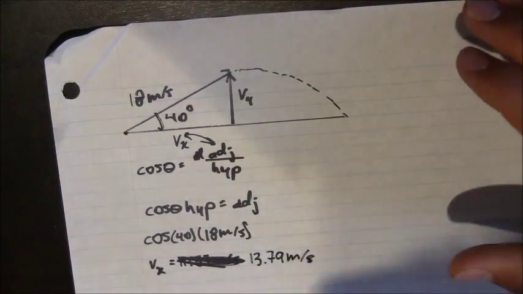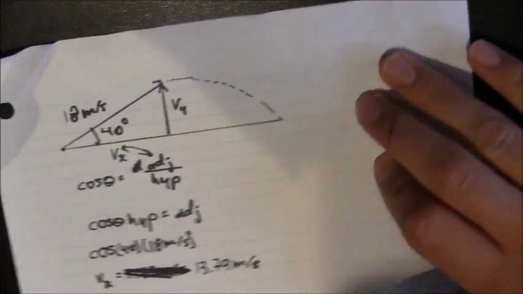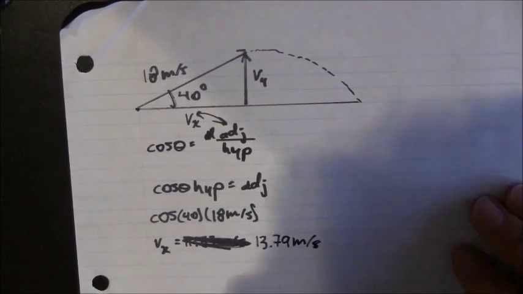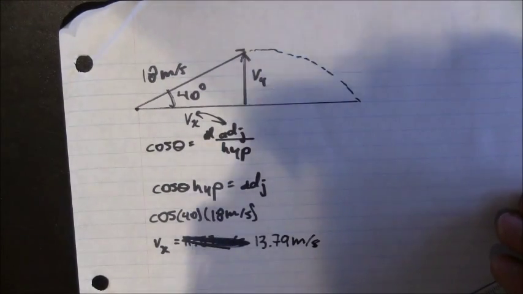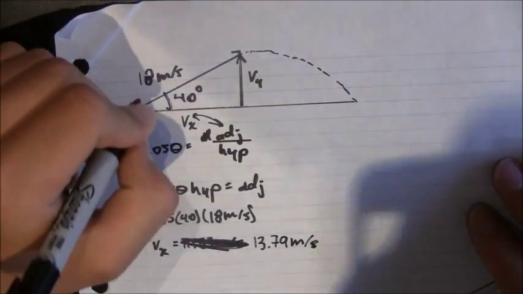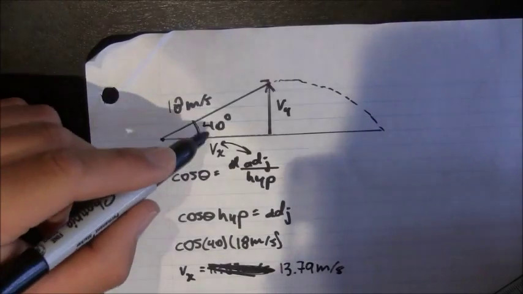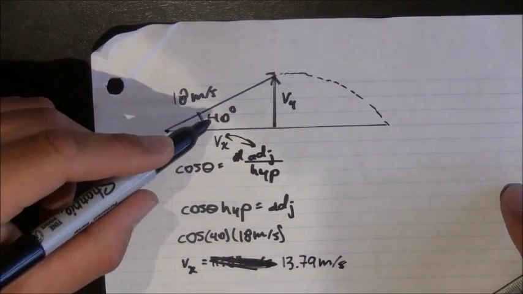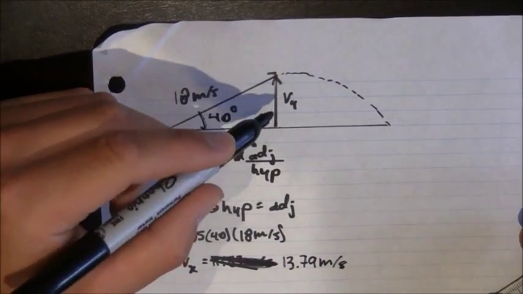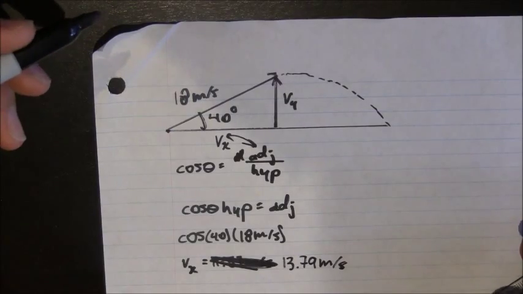Now let's look for its range. How far will it travel horizontally? Well, what I'm going to need to do here is break the velocity down into components. And since we're given an angle, we can find the horizontal and vertical components of its velocity, which is what we need.